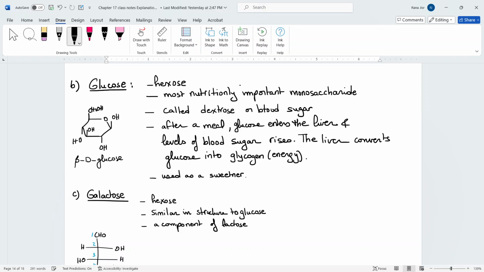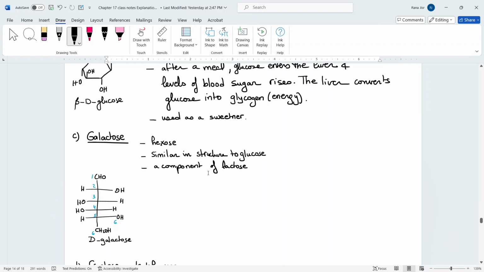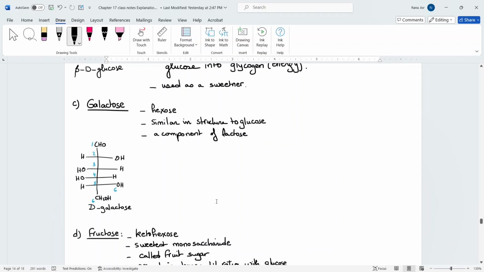For the galactose, it's again a hexose. It's very similar in structure to glucose, and it is one of the components of the disaccharide lactose that we will discuss as we proceed. This is the Fischer projection of D-galactose, and you can easily cyclize that.